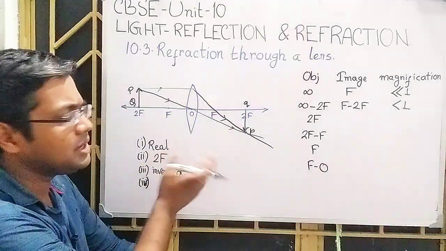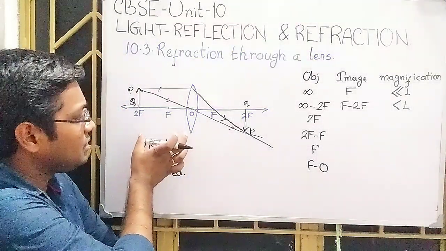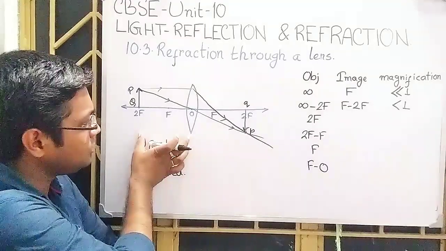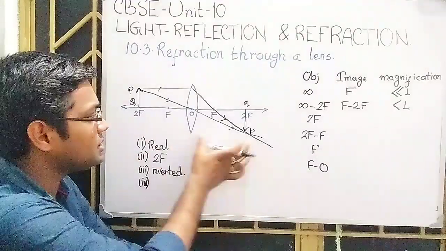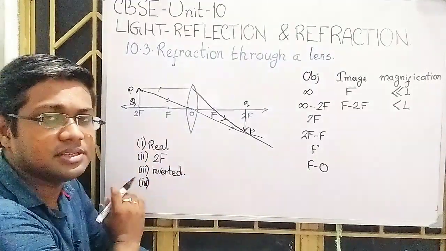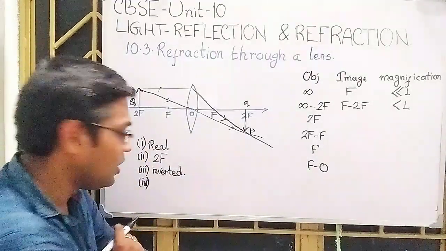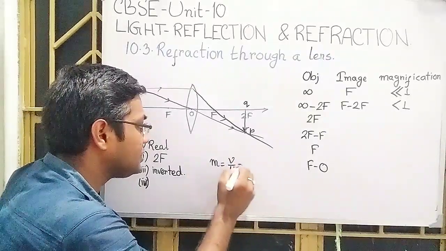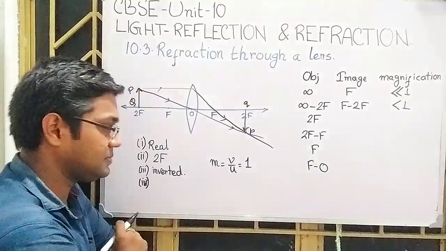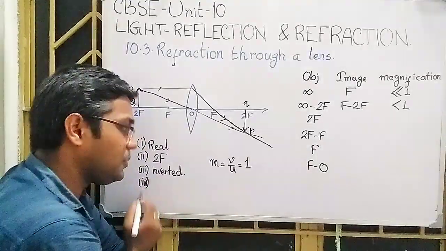Now if I compare the distance here from O to 2f, here also 2f. So in both cases, the object distance and image distance are twice the focal length. So m equal to v by u, both are the same, so it becomes 1. So magnification is 1.